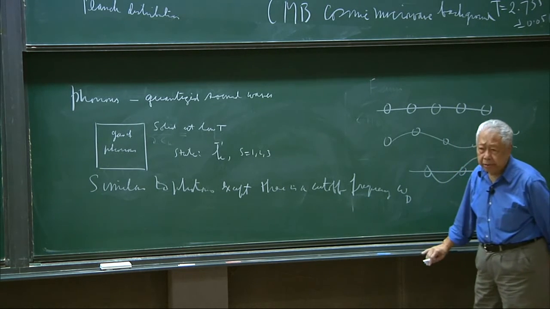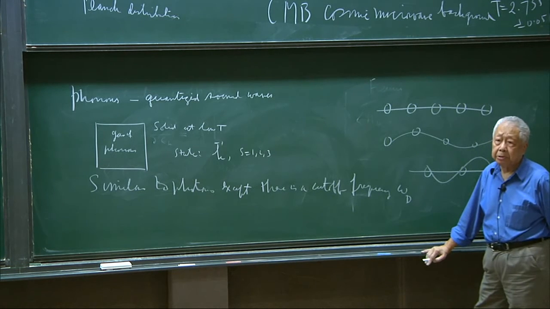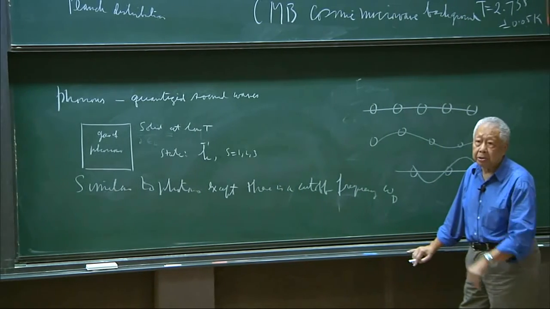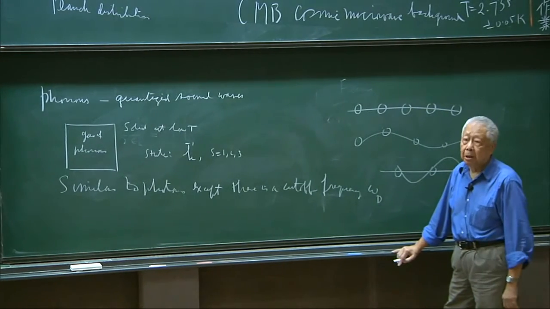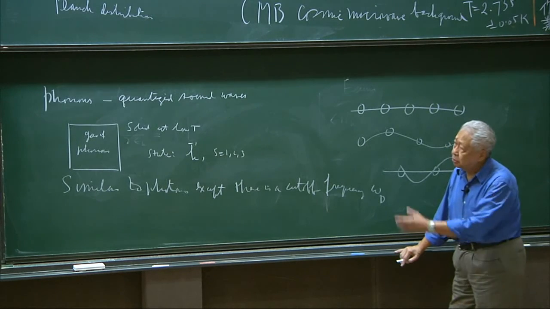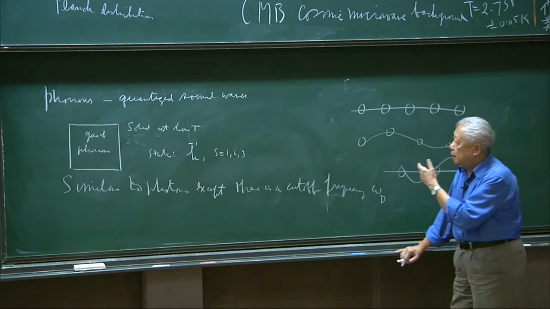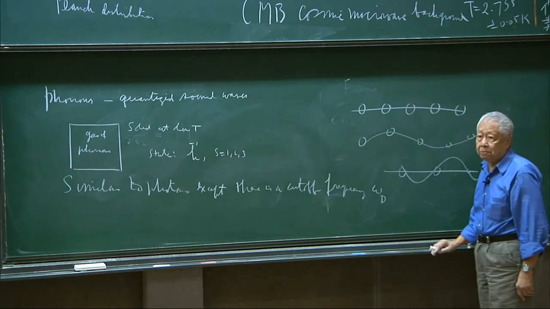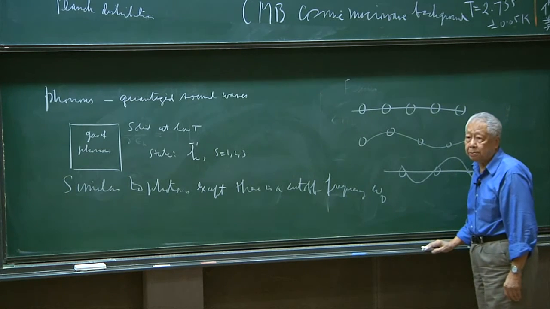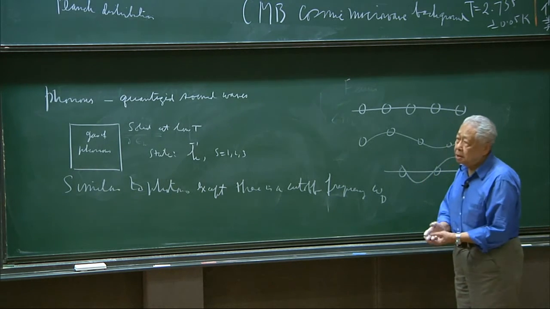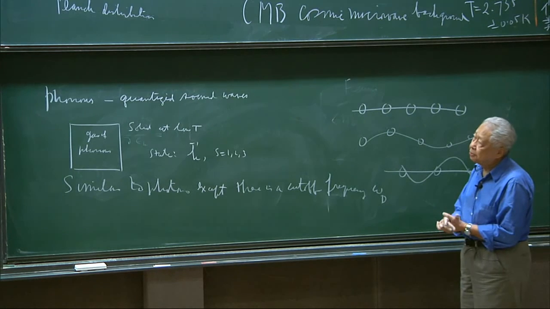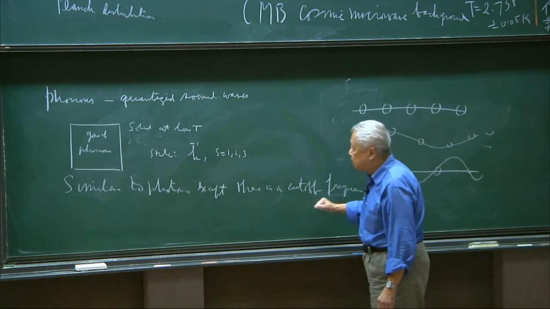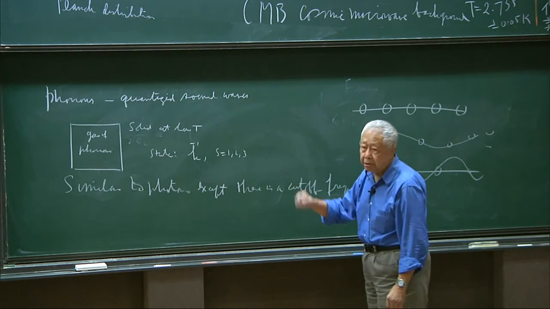And this makes a lot of difference in the final result. This gives you the entire Debye theory of specific heat in solid state physics, which I will not go into here. But the point is that for the photon gas, the frequency goes to infinity. Here, the frequency cannot go to infinity because beyond a certain point, these oscillations are false, because that's a crystal lattice. And that is the physical difference between the gas of phonons and the gas of photons.